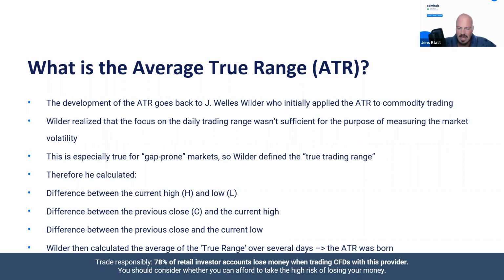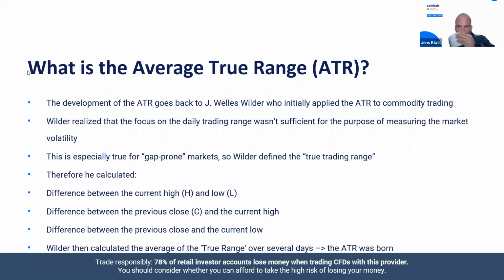Wilder then calculated the average of this true range, which also included the gap. This is what he did over several years, and thus he found the ATR, the average true range. As I already said, this sounds quite academic in this context.